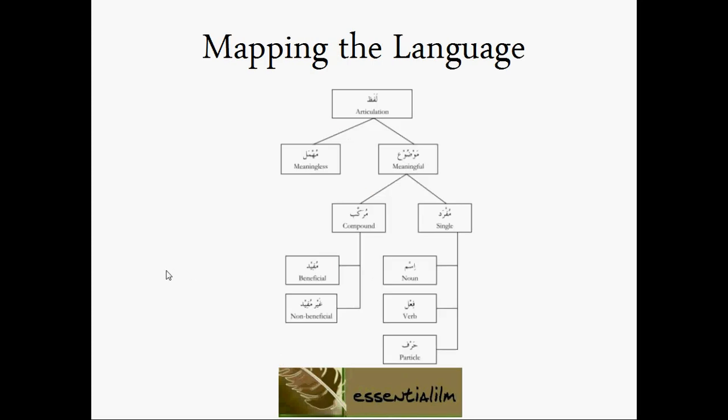Mapping the language. Now, one benefit I find in studying classical books of grammar and morphology, versus newer books like Medina Arabic or Arabic Tutor, is that the classical grammar manuals give you a good map of the language in your head, so everything is connected.